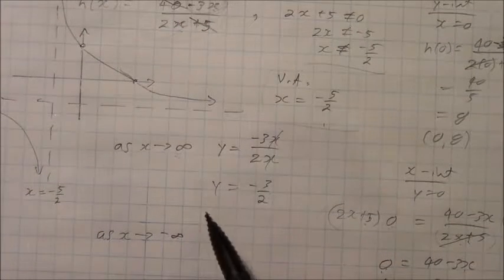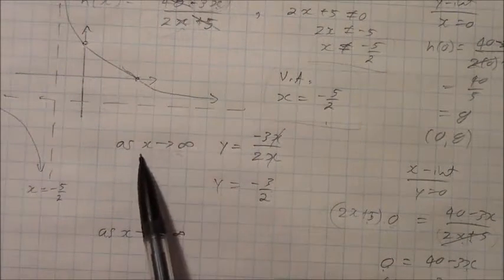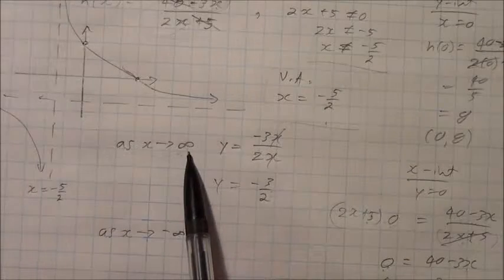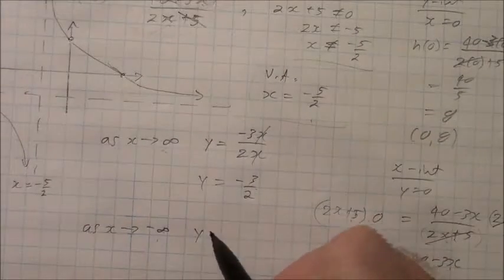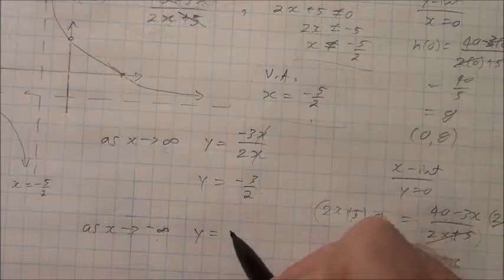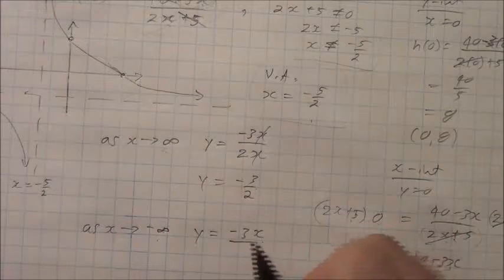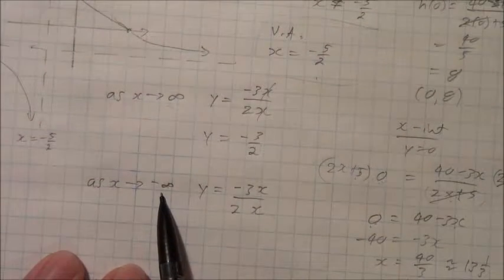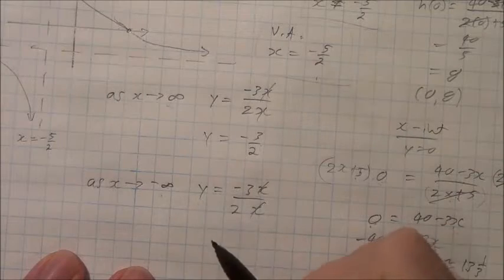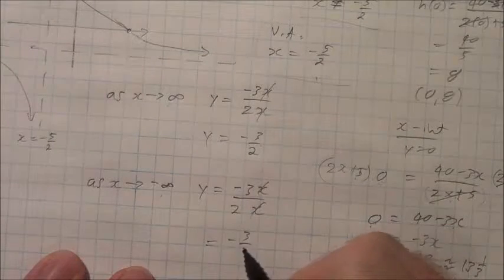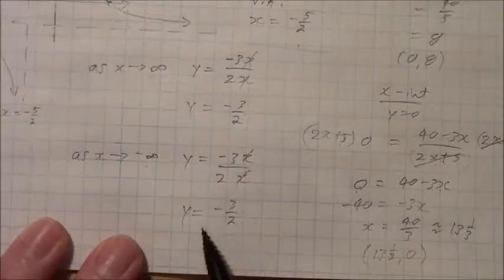And as a matter of fact, whether x gets really large in the positive direction or very large in the negative direction, the horizontal asymptote is still going to be the same, because if we have -3x over 2x and x is approaching a very, very large negative number, we still see these x's disappear, which still leaves us with y equals -3 over 2.